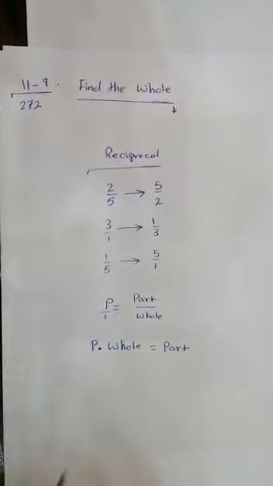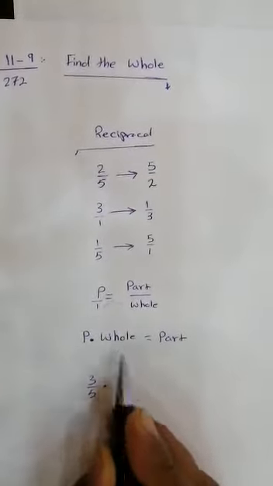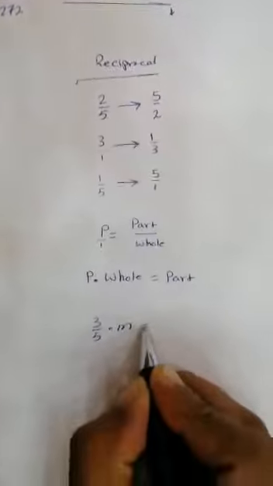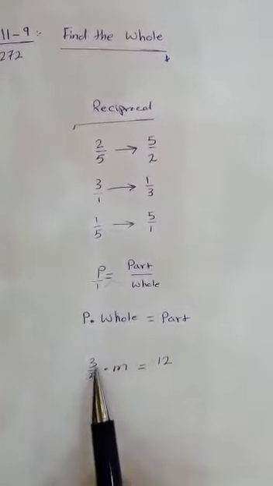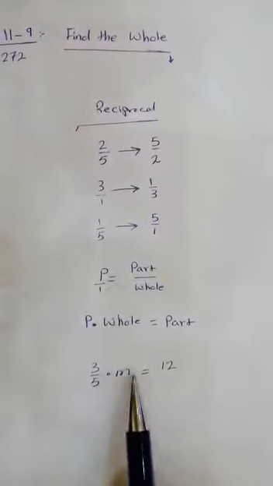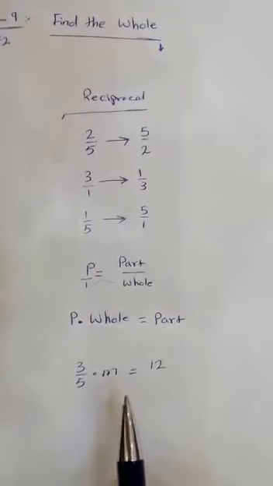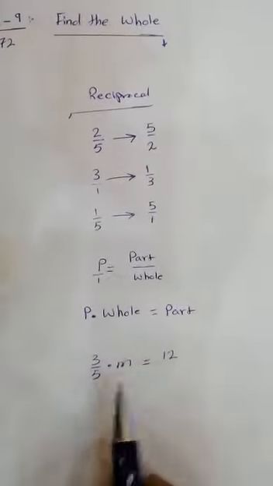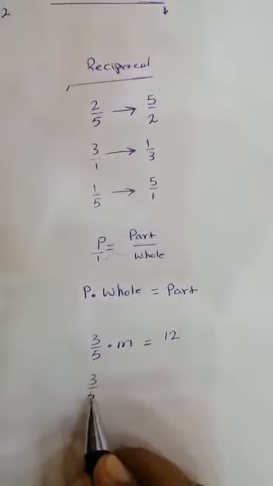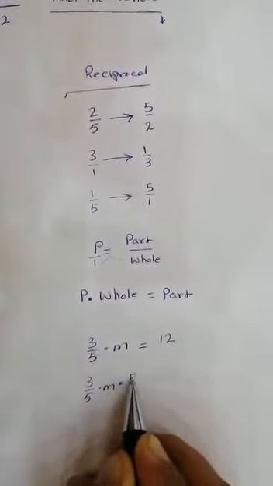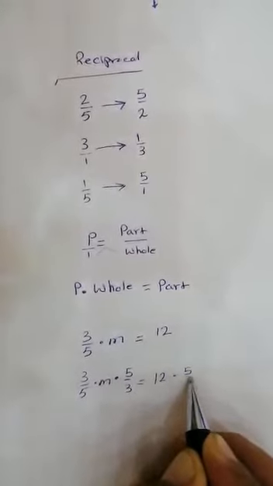Now, for example, if I have the equation 3 out of 5 times the whole, as a variable m, equals 12. The first thing we said, what is the reciprocal of 3 out of 5? It's 5 out of 3. To make the variable m alone on a side without any number, we multiply both sides by 5 out of 3. 3 out of 5 times m multiplied by 5 out of 3 equals 12 multiplied by 5 out of 3.